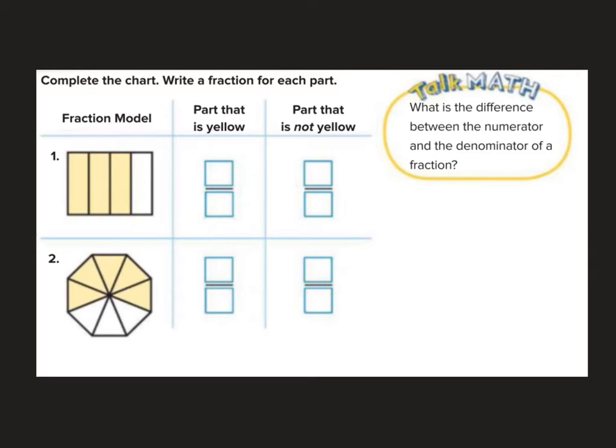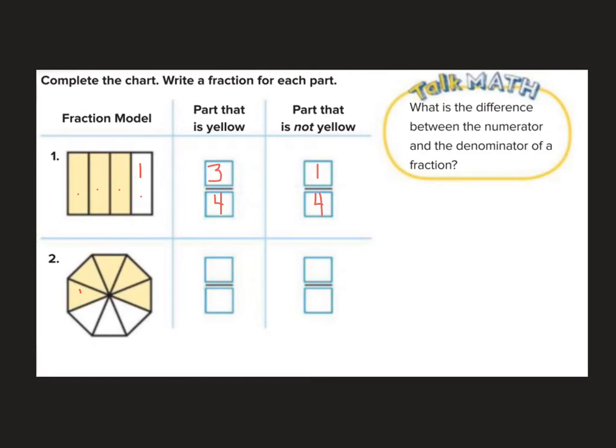So here we go. Complete the chart and write a fraction for each part. So the part that is yellow is, so I have 1, 2, 3 parts that are yellow out of 4 total parts. Okay, so the part that is not yellow, I have 1 part that is not yellow out of 4 total parts. Okay, so let's look at number 2.